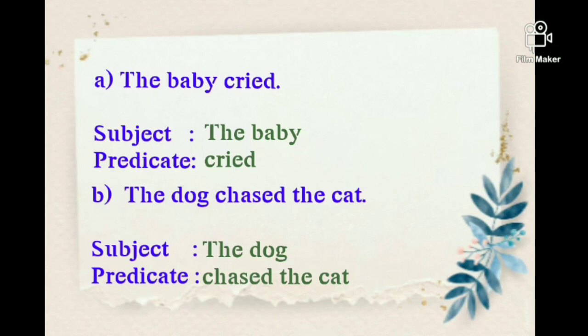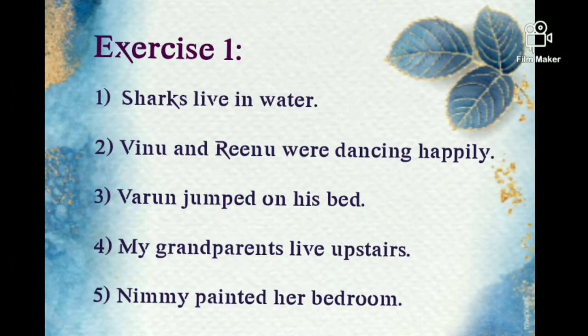You're doing great. Now, I need you to take a notebook and do the given exercise. Here, you are supposed to write down the sentences and identify the two parts of each given sentence. Are you ready? Sharks live in water. Vinu and Renu were dancing happily.